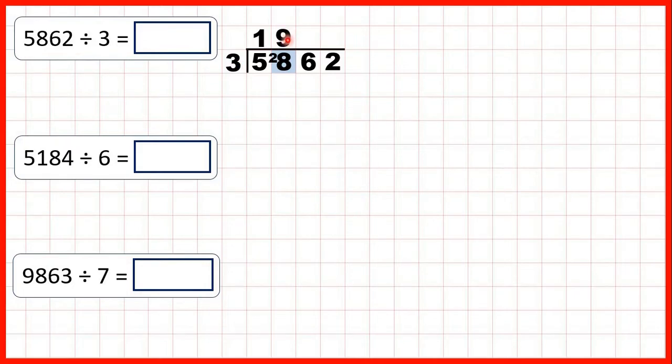But that's only 27, and we were dividing 28. From 27, we need 1 more to get to 28, so we have a remainder of 1. 9 times 3 is 27, but we need one more to get to 28, so 1 is our remainder, and we write that in front of the next digit, so now we need to divide 16 by 3.